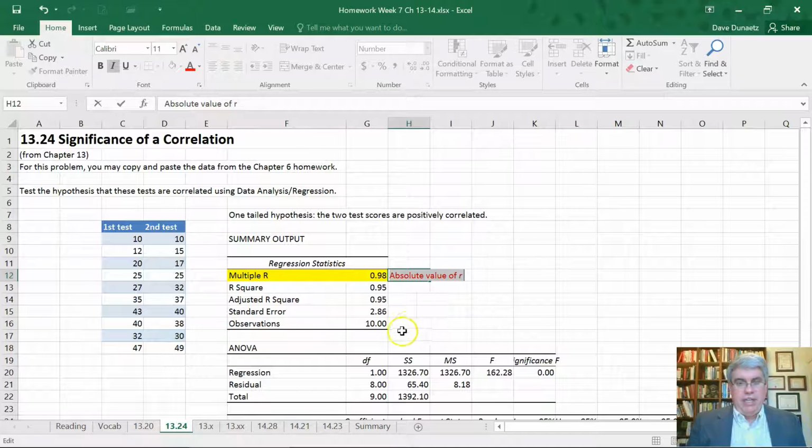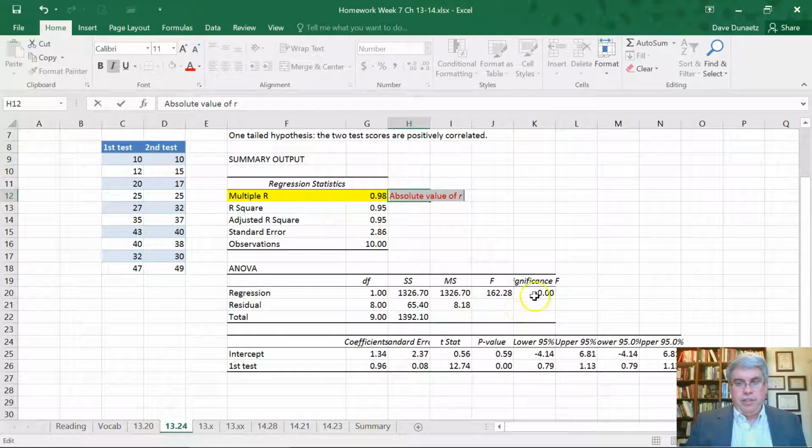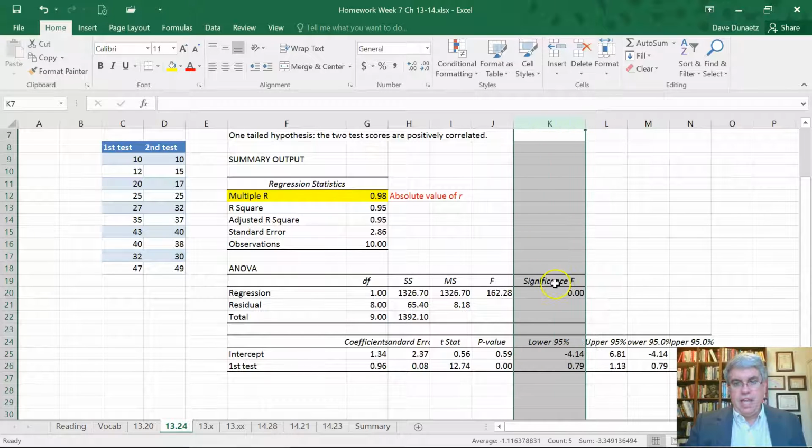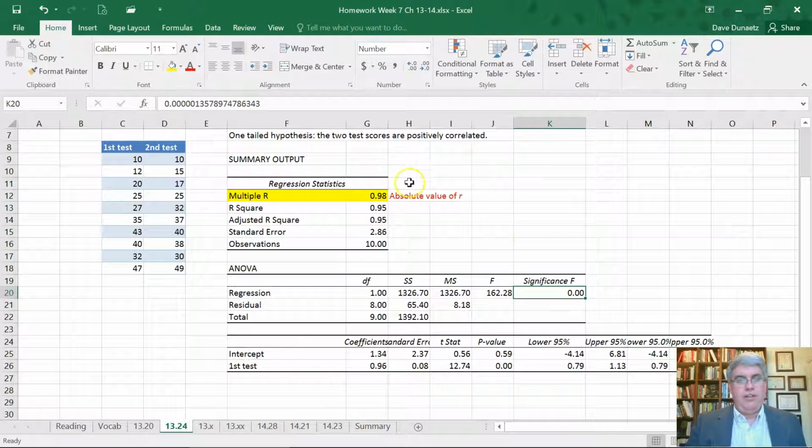And then we need to know the significance value. Is that significant? And that significance is there. That's very low. The P is 0.00. Now it's not really P equals 0. Let's add some more decimal points. Okay, it's really low.